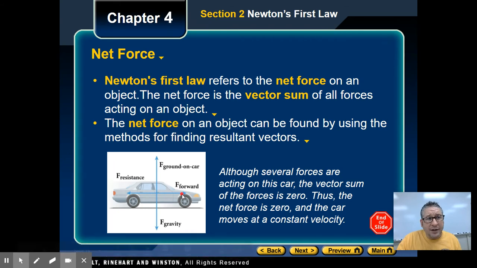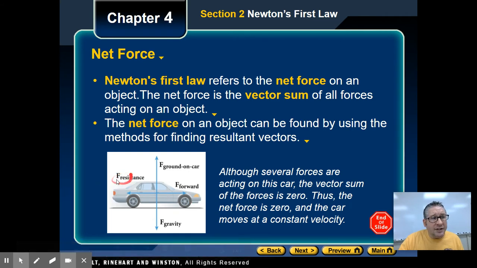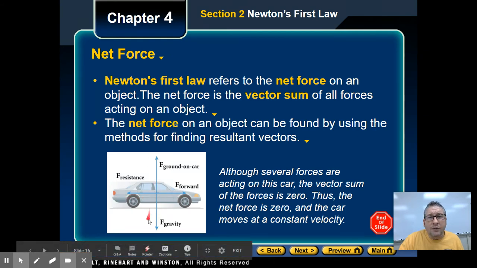The length of each vector should be equivalent for the opposing forces, meaning the resistance of friction, which could mean a lot of stuff like the road or the wind, and the forward force. They are going to be equal yet opposite, okay? Same with the force of the ground on the car, which is the normal force pushing the car up, and the force of gravity, which is going to push the car down to the center of Earth.